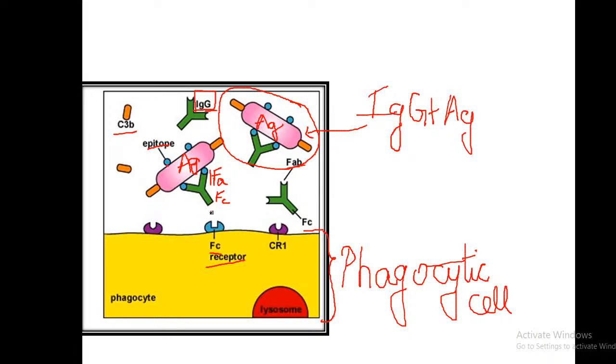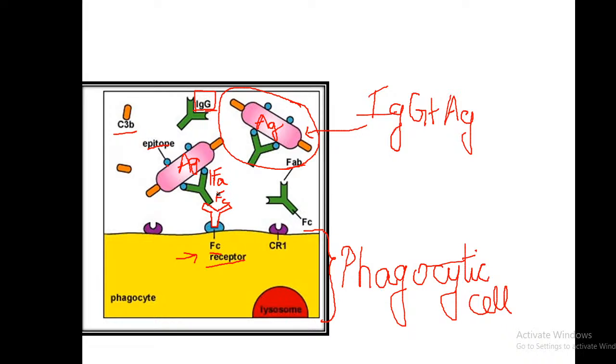This constant region comes and attaches. The antibody will come and attach at this FC receptor. So FC receptors are specific proteins present on the surface of the phagocytic cell. Those on the surface of the phagocytic cell are called FC receptors. Receptors are simply proteins, to which IgG can come and bind.